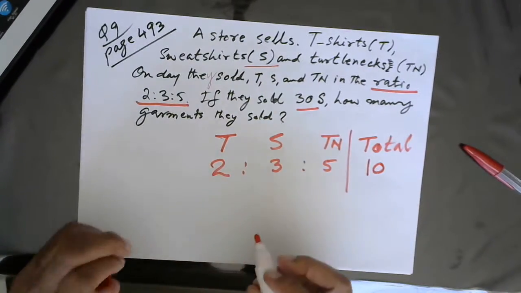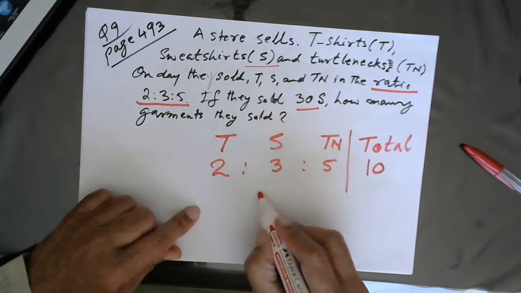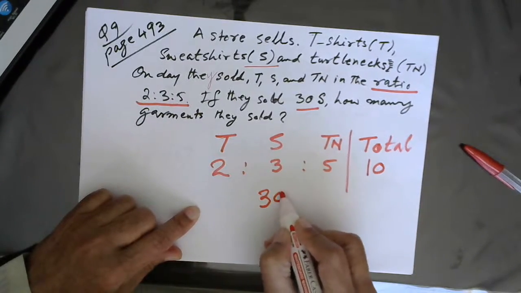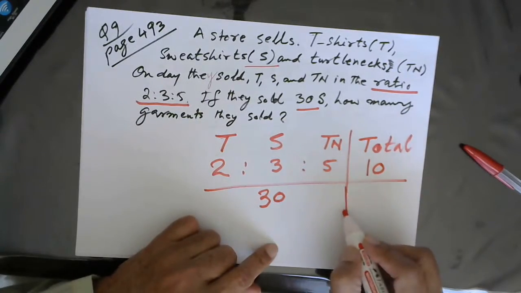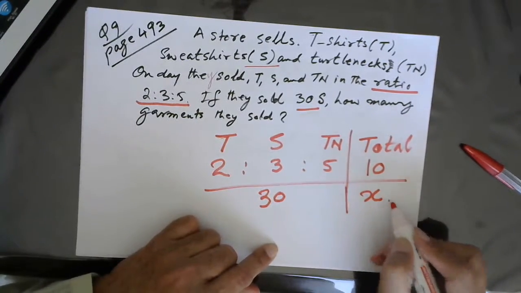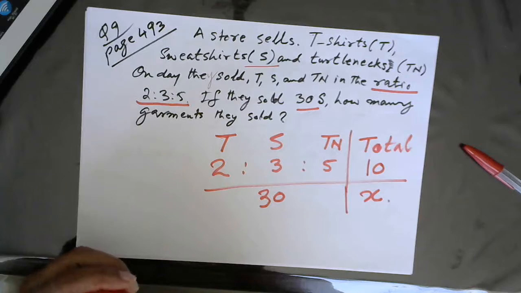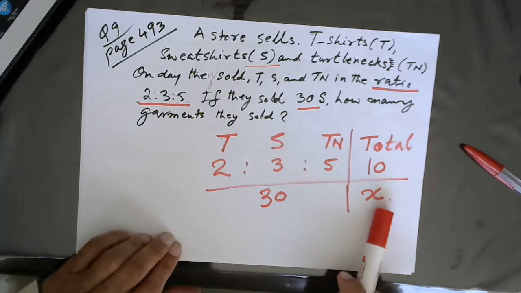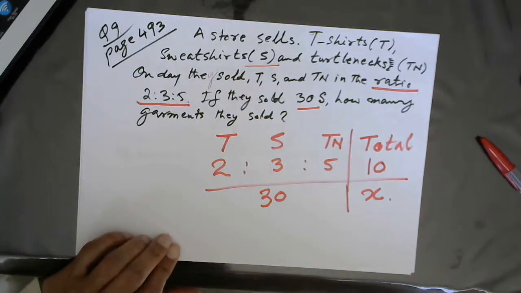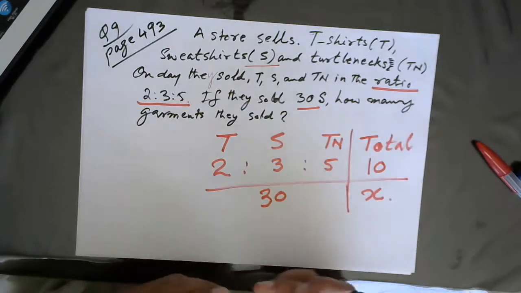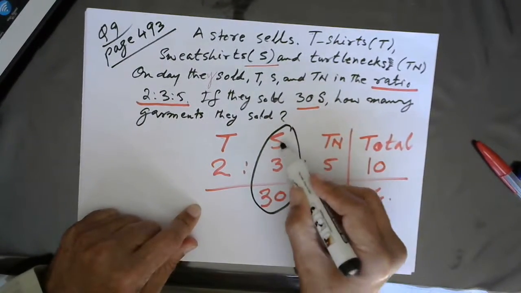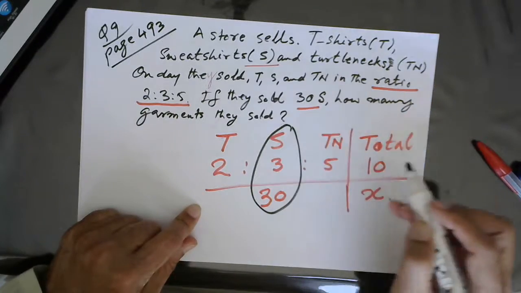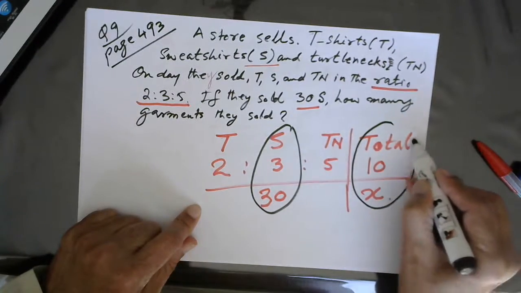Now, if they sold 30 sweatshirts, the question is how many garments in total did they sell? So let us assume that they sold X garments.